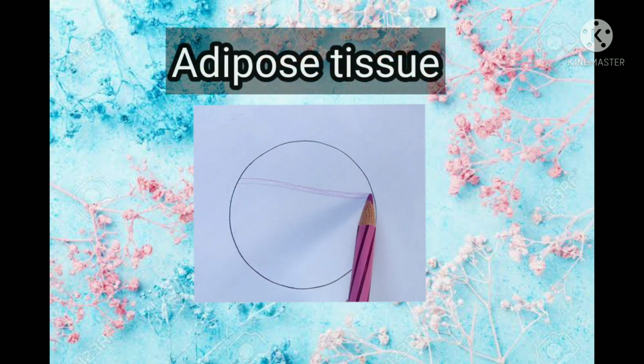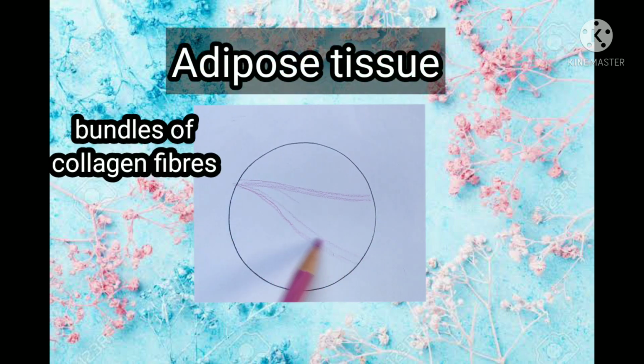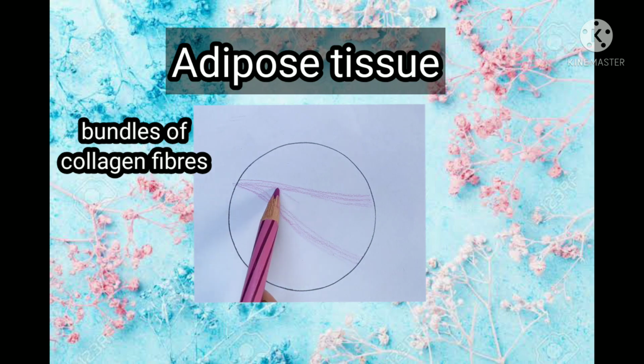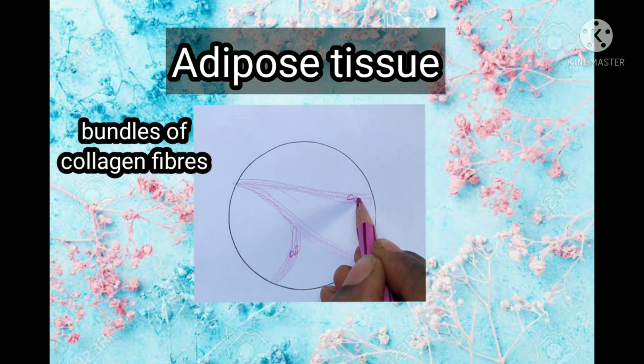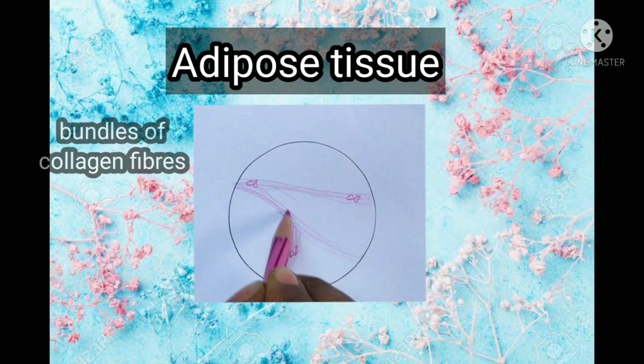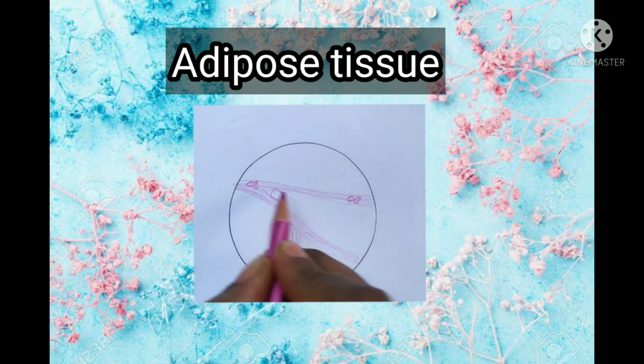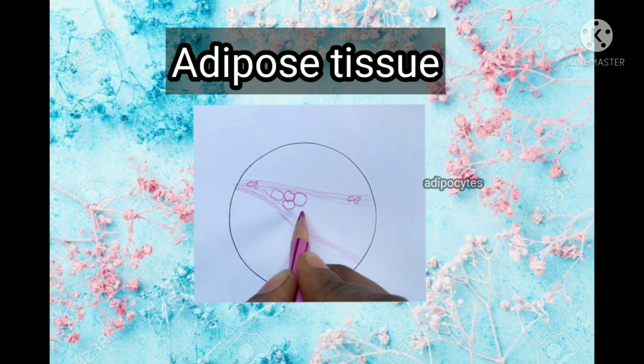Coming to the adipose tissue, it can be of two types: unilocular, which is called white adipose tissue, or multilocular, which is also called brown adipose tissue. So it depends on how the fat is stored within the cell. Most commonly, we see unilocular or white adipose tissue.